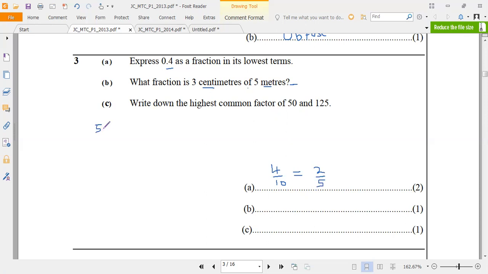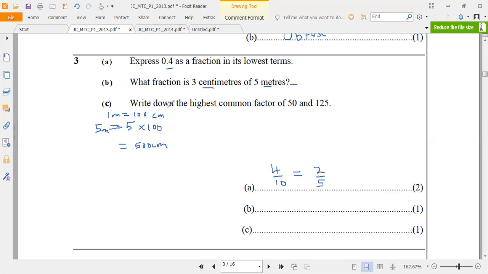If we have 5 meters, they will be equivalent to 5 multiplied by 100, since 1 meter is equivalent to 100 centimeters. So 5 meters will be 5 times 100, which is 500 centimeters.